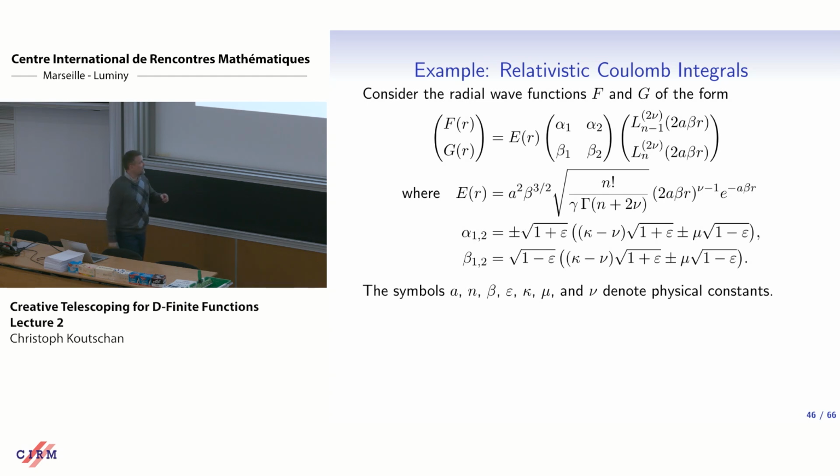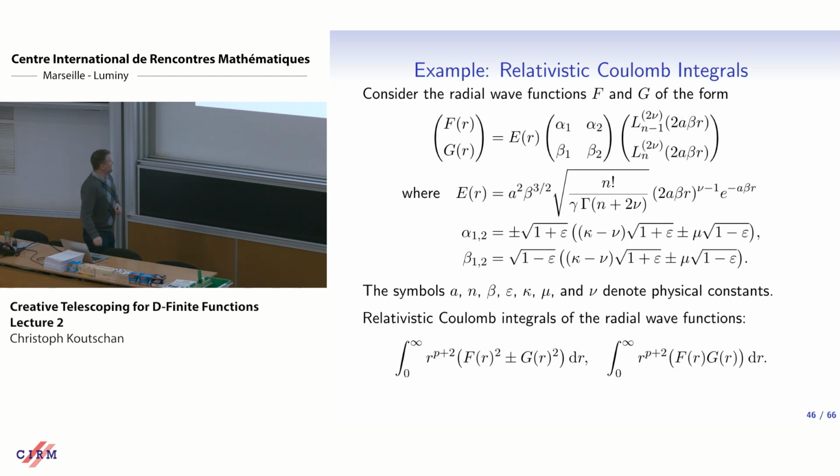And so here I put this complicated looking example to make a little demo of this. This arose in a paper with Peter Paule and Sergei Suslov, and the latter is a physicist, and he came with these kind of Coulomb integrals. Actually, here are the integrals.